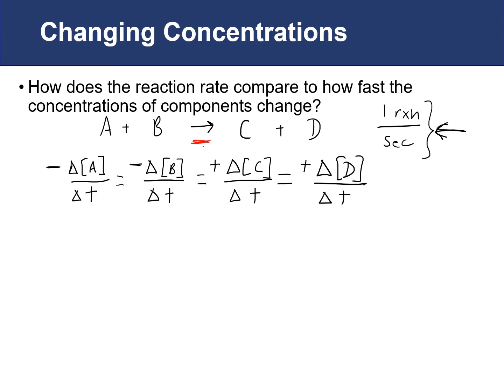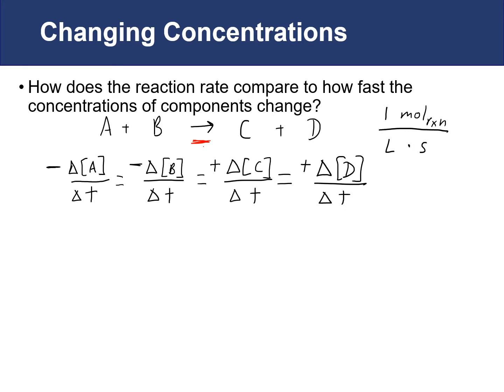Okay, so A and B go away at 1 molecule per second. C and D are being formed at 1 molecule per second. Now, if we change the rate of our reaction to, instead of being 1 reaction per second, say the reaction is occurring at the rate of 1 mole of our reaction per liter per second, then what we would say is that A is going away at 1 mole per liter per second.